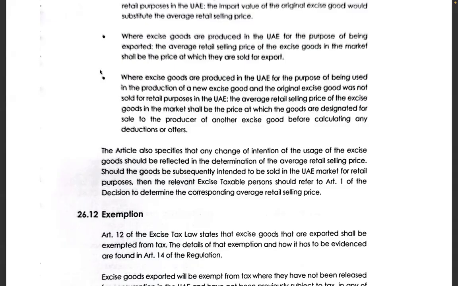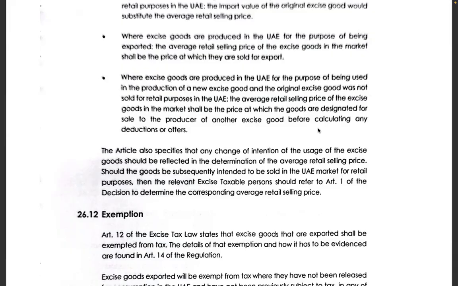Let me read that again. Where excise goods are produced in the UAE for the purpose of being used in the production of a new excise good, and the original excise good was not sold for retail purpose in the UAE, then the average retail selling price of the excise goods in the market shall be the price at which the goods are designated for sale to the producer of another excise good, before calculating any deductions or offers.